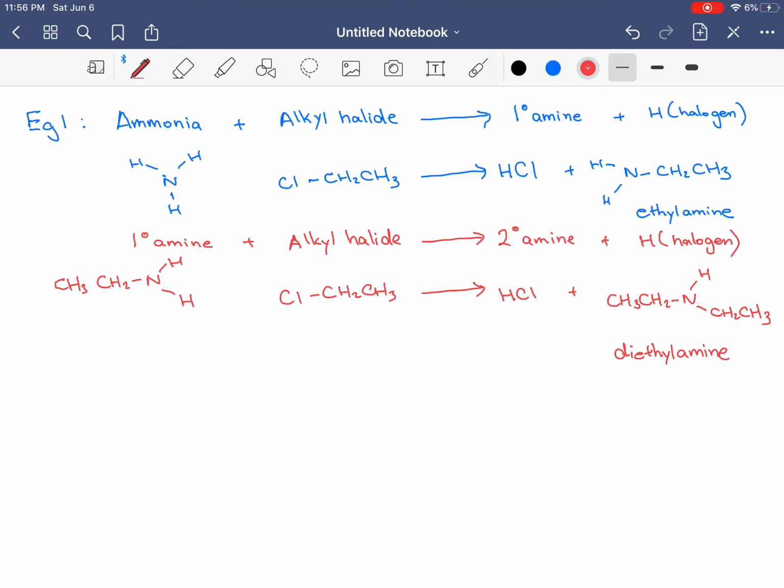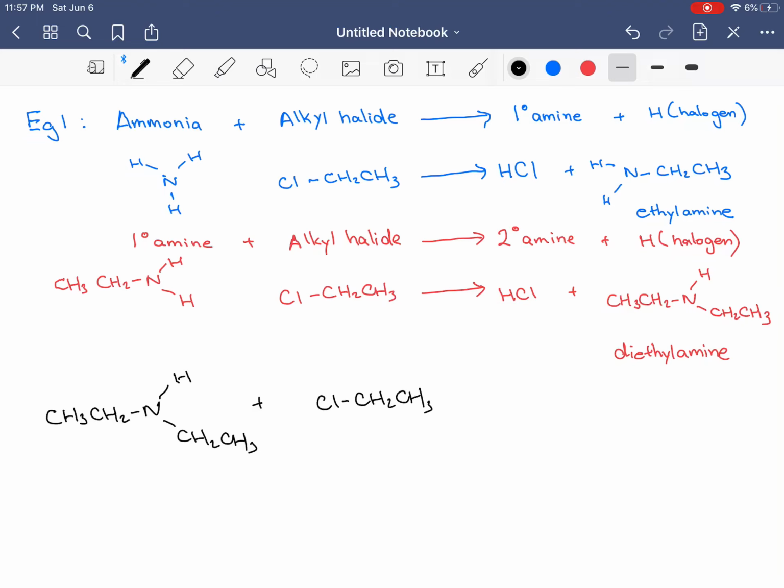Is this party gonna stop here? Oh no, don't let this party stop here. Let's continue. Here's your diethylamine that we just prepared from the last reaction. And let's react this with another alkyl halide.